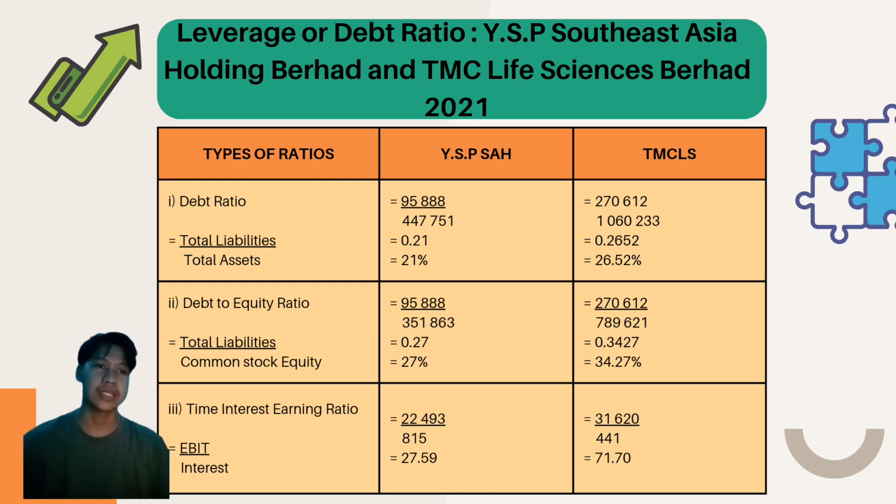Point number two, based on current income, it measures a company's ability to repay its debt obligations. YSP Southeast Asia is better than TMC Life Sciences because the high ratio in this test shows that the firm can meet its obligations without the risk of default.